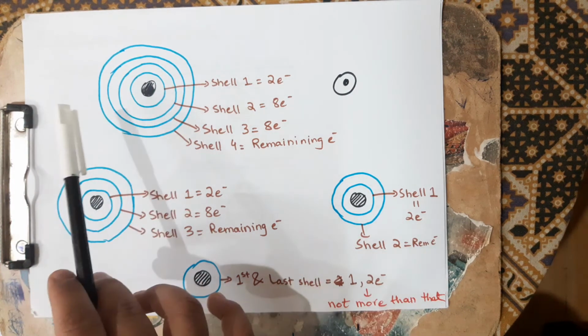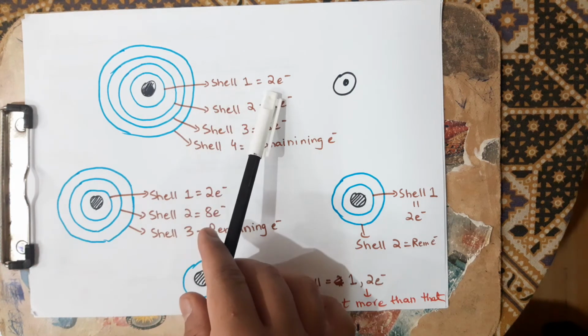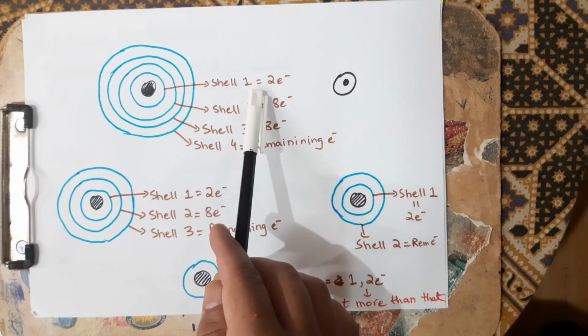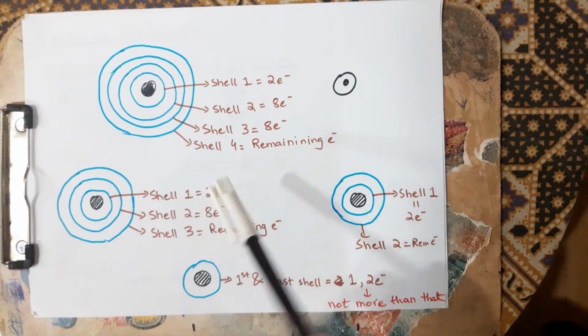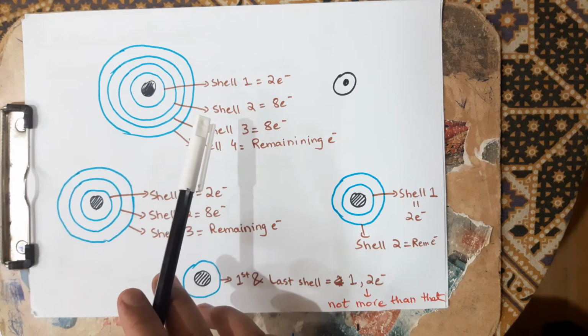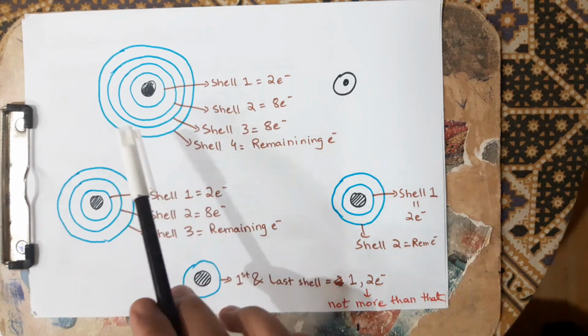And then shift the electrons beyond 8 into it. Remember, only in the first shell there will be 2 electrons, or less than 2 electrons, but for the rest of the shells, whether they are the 5th, 6th, 100th or the 1000th, you don't have to increase the amount to more than 8 electrons in that shell.